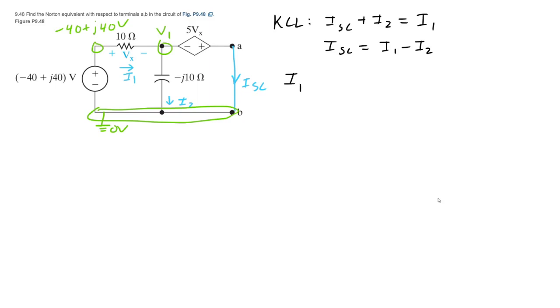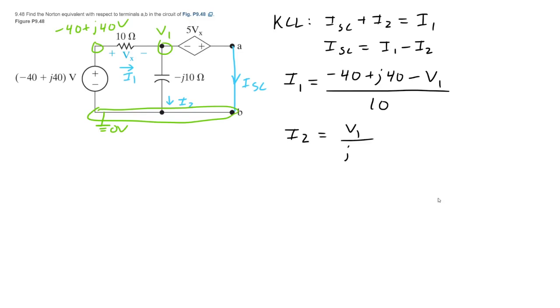So anyway, I1 is minus 40 plus j40 minus V1 divided by 10. And I2 is V1 over j10. And we got to deal with the dependent source. So Vx is going to be, let me go ahead and shift this around a little bit just to make a little bit more space.